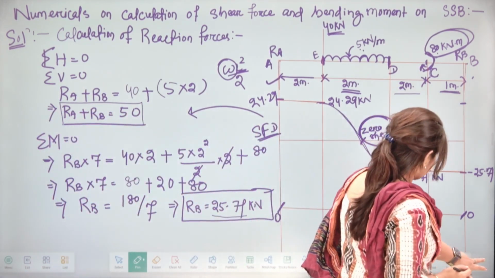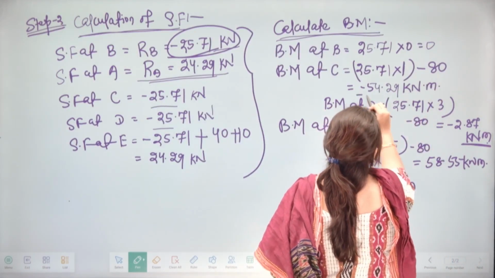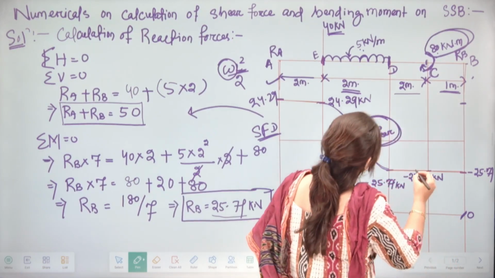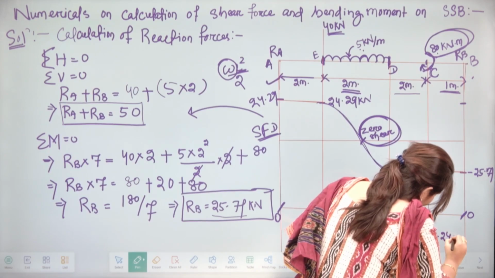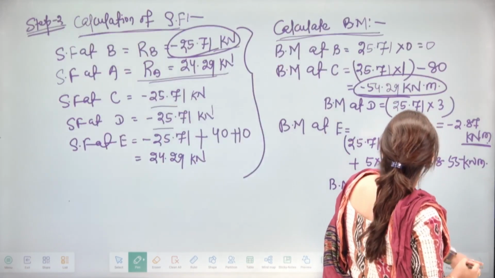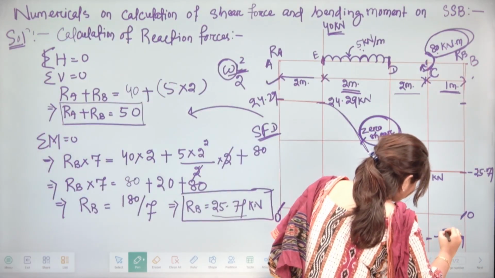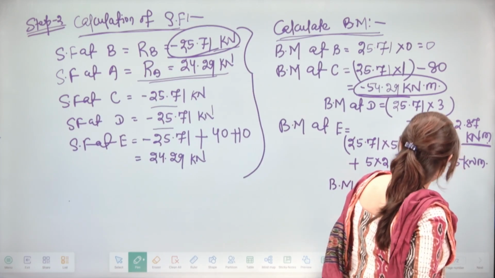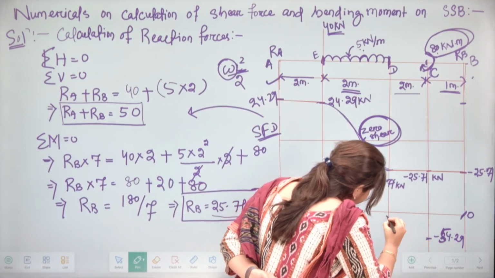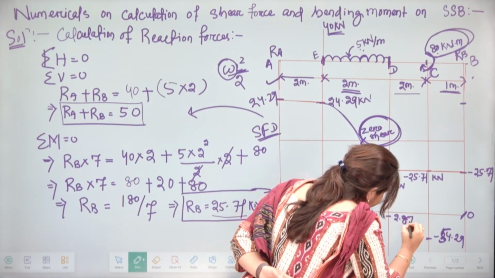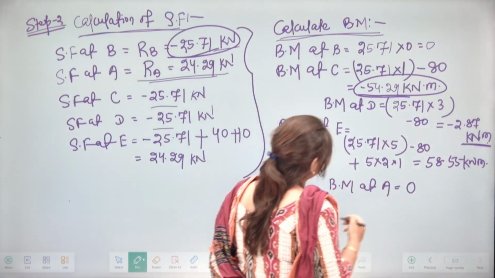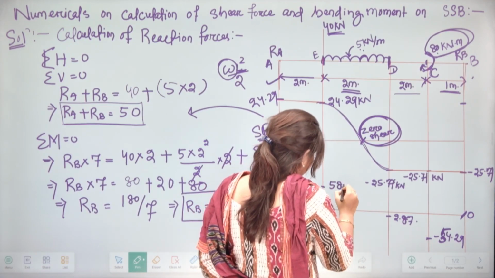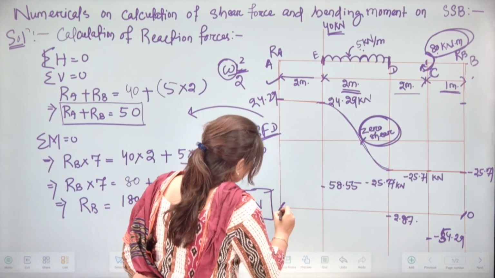Next, bending moment at C, that is minus 54.29, then minus 2.87 and 58.55, and here 0.